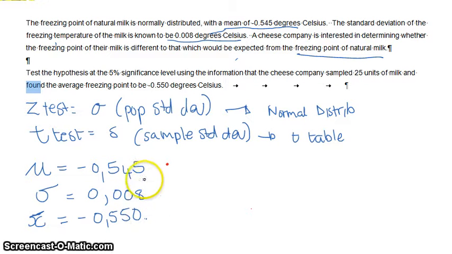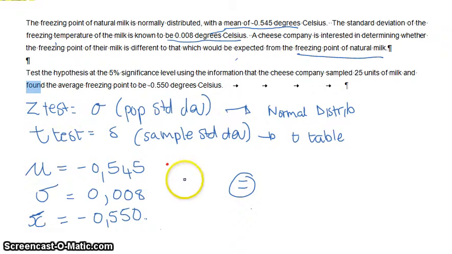In other words, is it equal to the population mean or is it different to the population mean? And that tells us one of the attributes about the type of test that we're going to use. We are going to have an equal to sign in our null hypothesis.